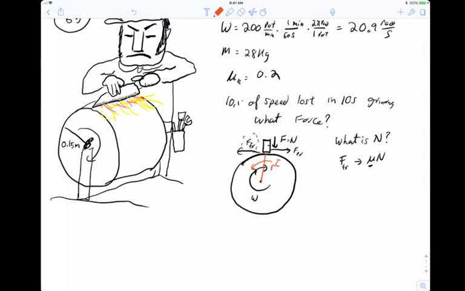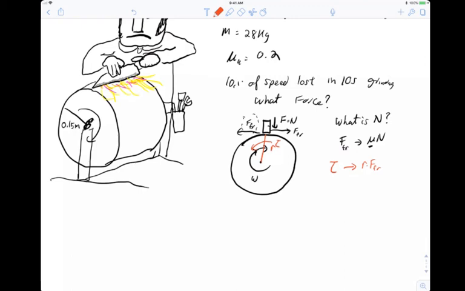So, if I knew what the torque was, I could figure out what the friction force was. So, how do I figure out what the torque is? Well, I'm given information about the motion. So if I could figure out what the acceleration is, then acceleration times moment of inertia is equal to the torque, and I could use the torque to find the friction force, and I could use the friction force to find the normal force. Does that make sense to you?